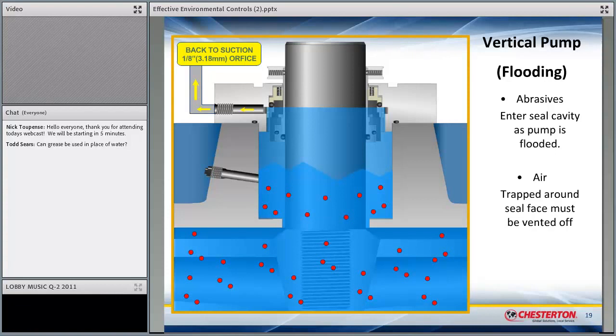Once again, this is probably one of the most common concerns that we have within the mechanical seal industry in terms of having adequate seal face lubrication. And unfortunately, it's probably one of the most underspecified environmental control plans. And on startup of a pump, we get significant damage and ultimate seal failure in a relatively short period of time.